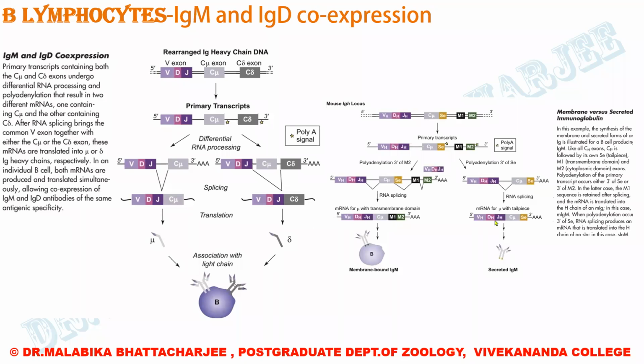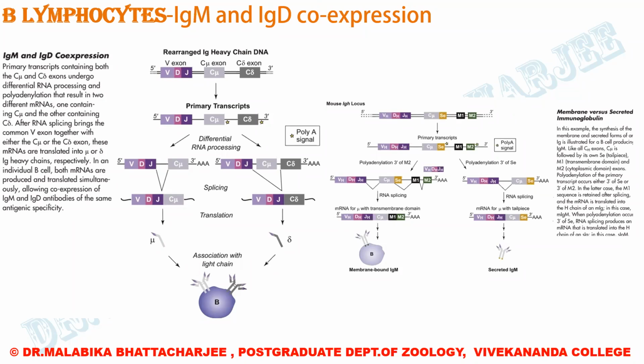This is a picture of the expression of membrane-bound immunoglobulin and secreted immunoglobulin. If you look at this picture, you can see that behind the mu segment is SE, the tail piece. So we have an SE segment, and there is a polyadenylation site, and after the SE segment we have two segments, M1 and M2.